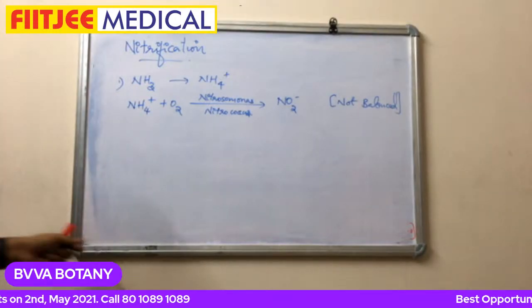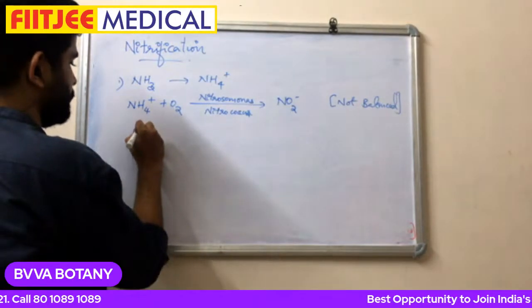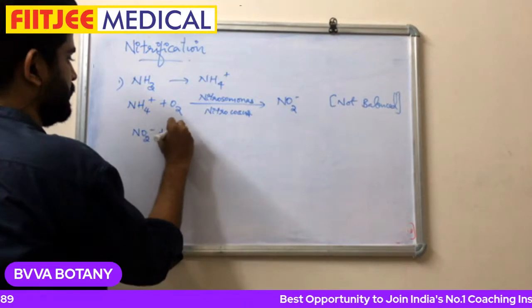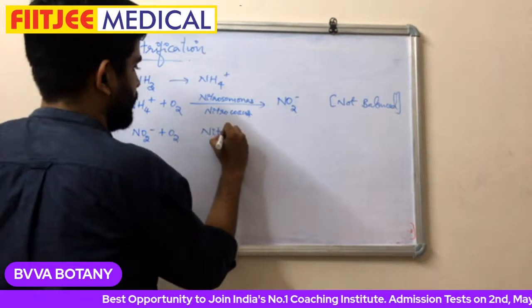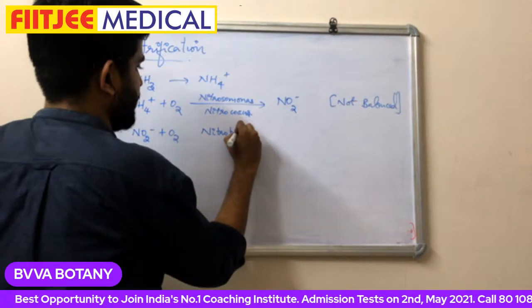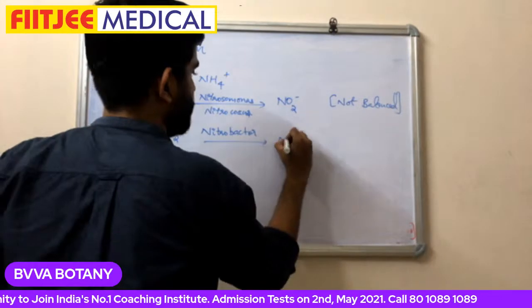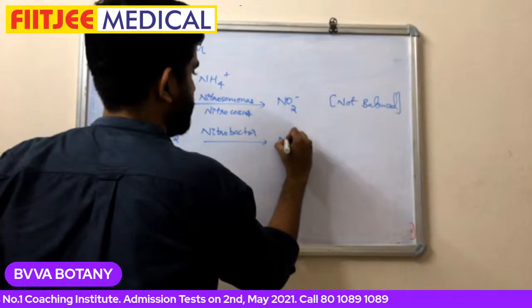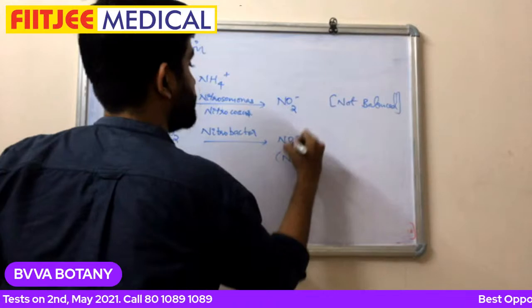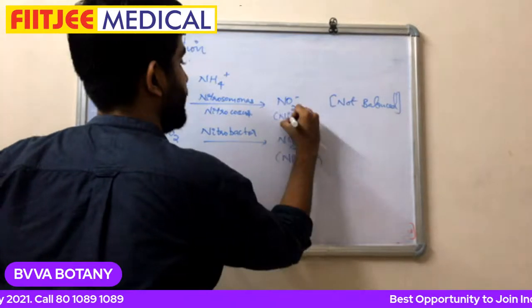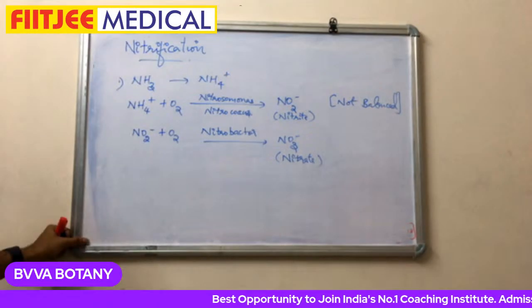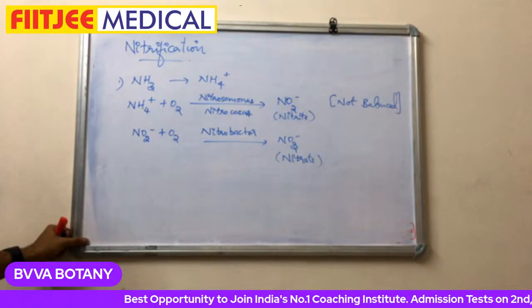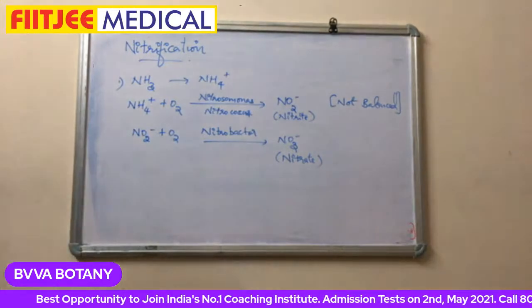Now this nitrite, again in presence of Nitrobacter, will form what? Nitrate. This is nitrate and nitrite. And thus nitrate will be absorbed by whom? It will be absorbed by the plants.